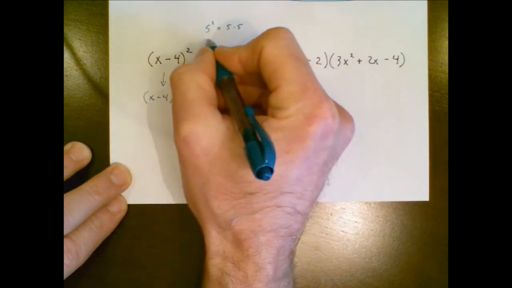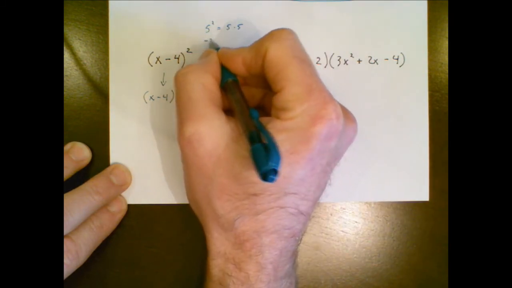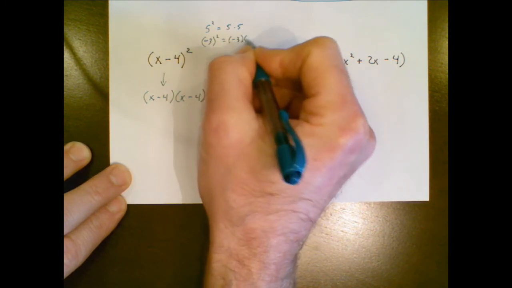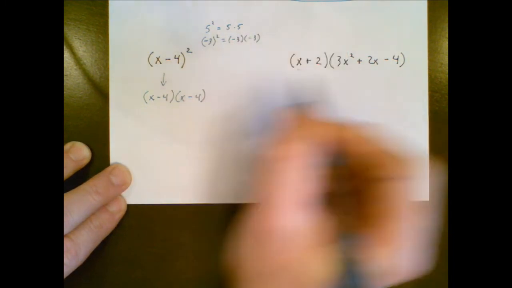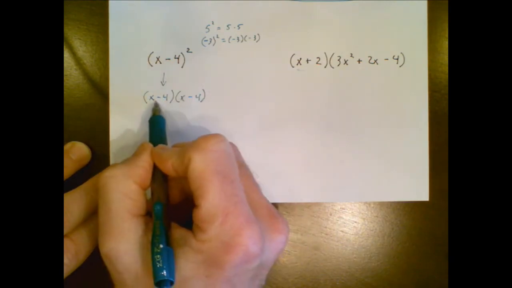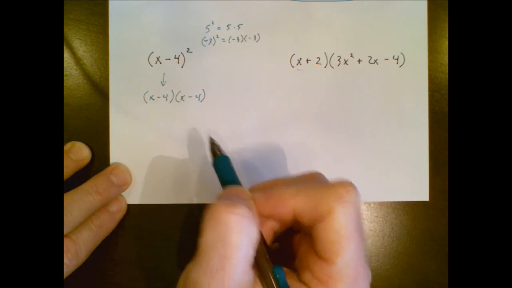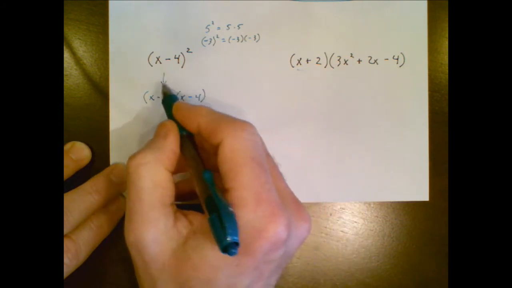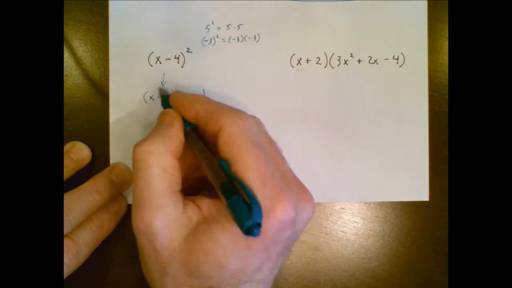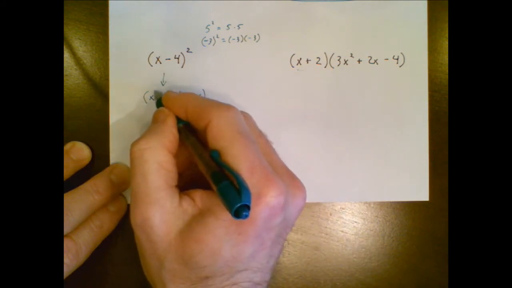If you were asked for negative 3 squared, what went into your mind is negative 3 times negative 3. So if you're asked for x minus 4 squared, what should go into your mind is x minus 4 times x minus 4. As soon as you do that, you've just changed this problem into a problem like we've done earlier, and now you can do your double distribution.